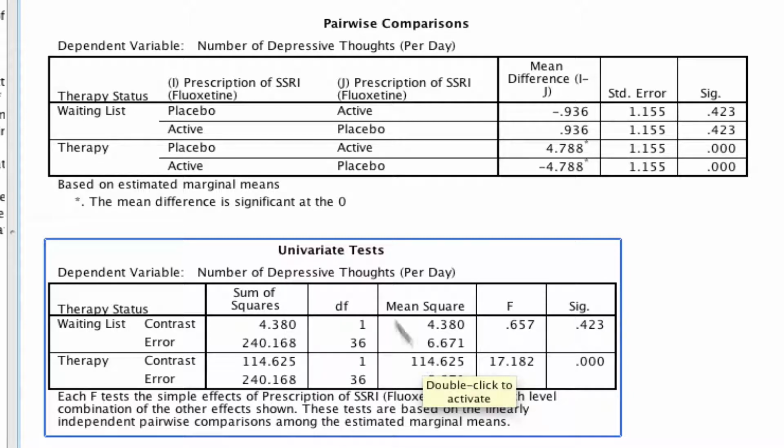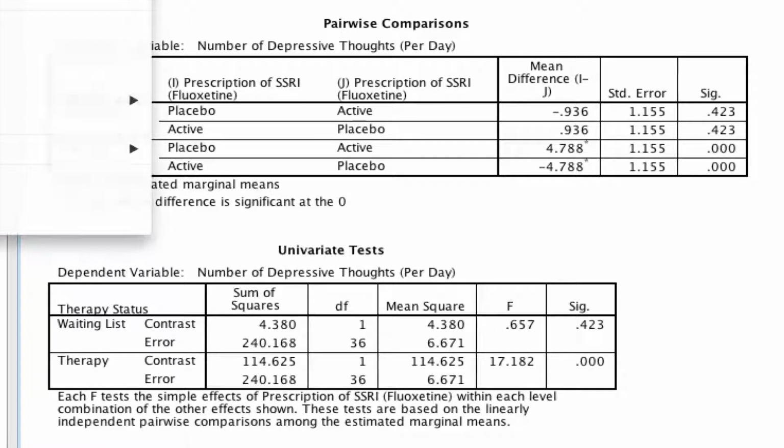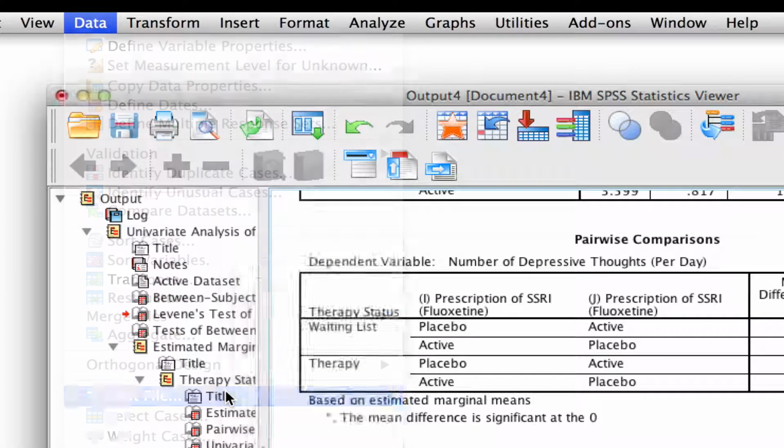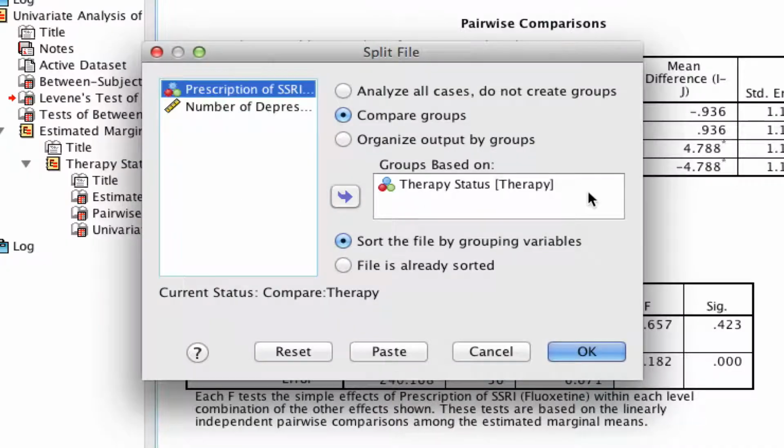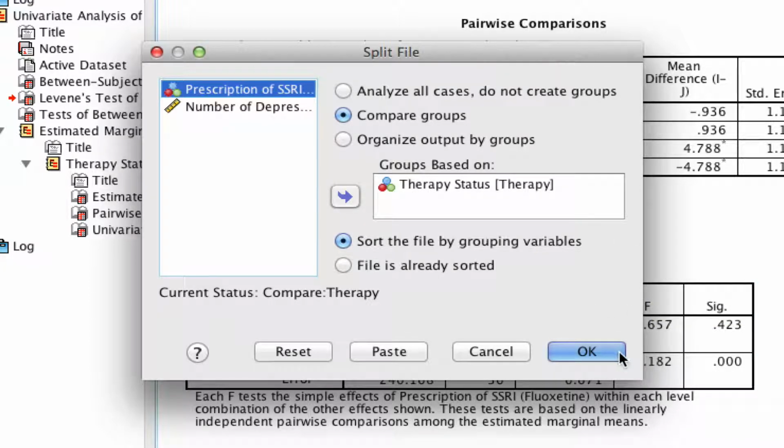So let's go ahead and do that. We go up to data, split file, and compare groups based on the therapy status. This will give us two ANOVAs, one for the waiting-list people and one for the therapy people.